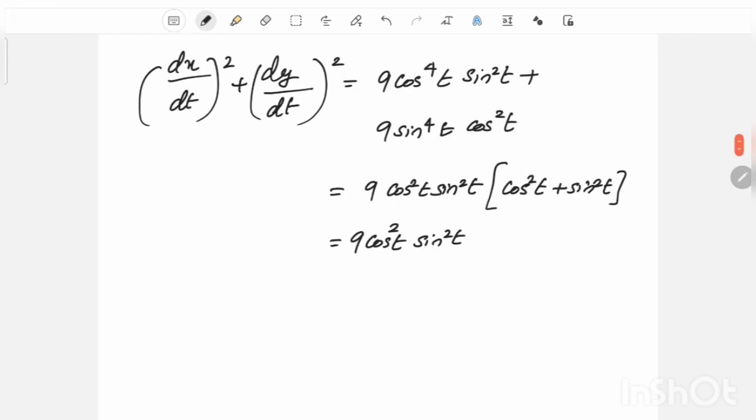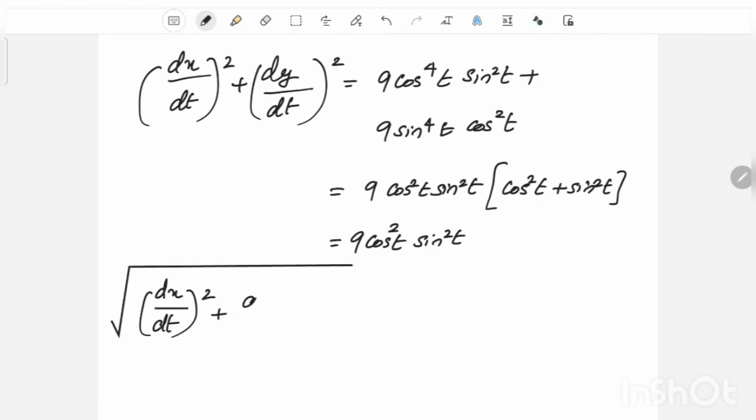Now we can consider the square root of this. Root of (dx by dt) the whole square plus (dy by dt) the whole square is equal to, we are taking this square root in the first quadrant only, so t varies from 0 to pi by 2, and in that case we know that cos t and sin t are positive, so by taking square roots we have 3 cos t sin t.